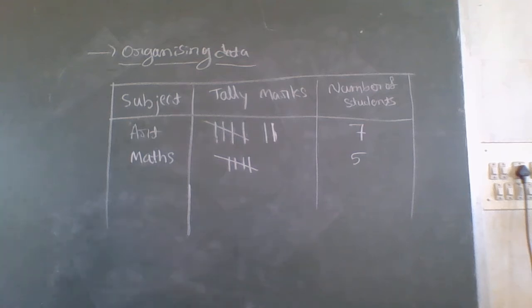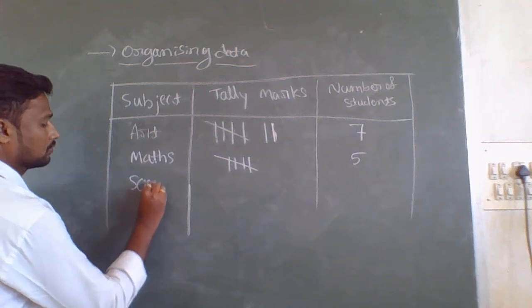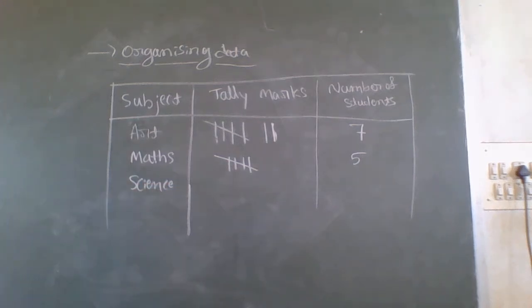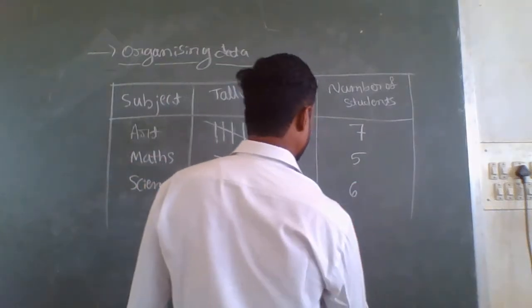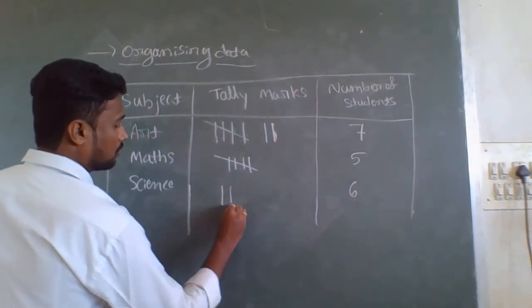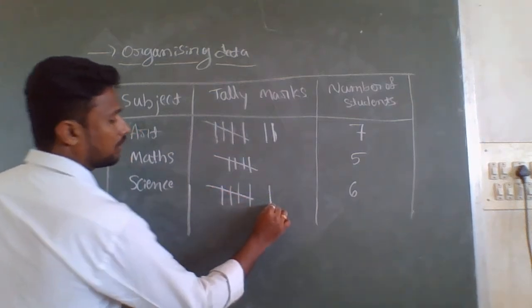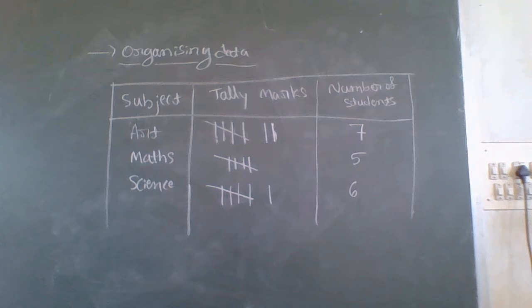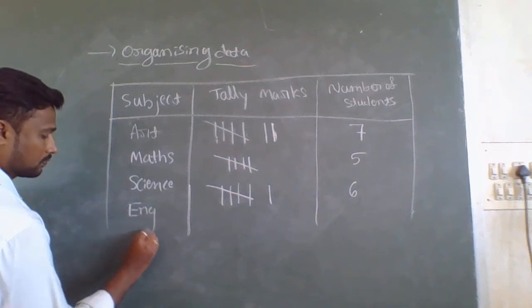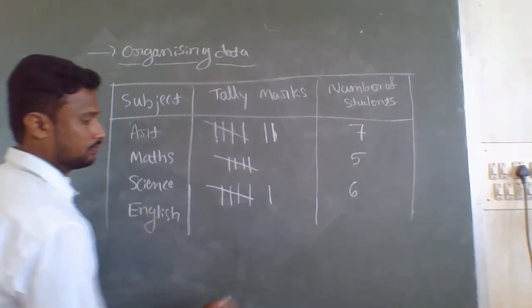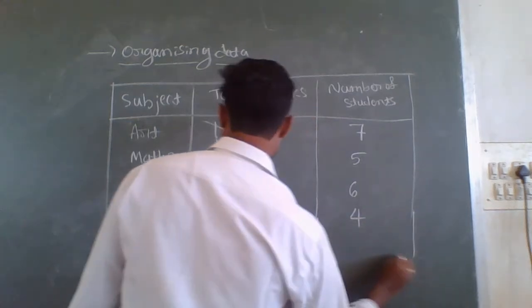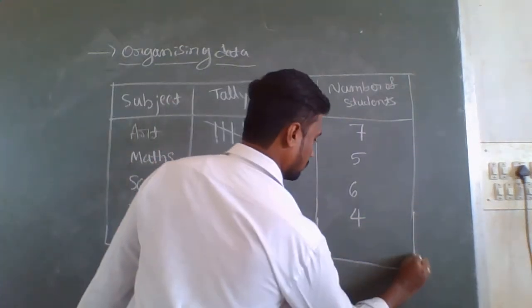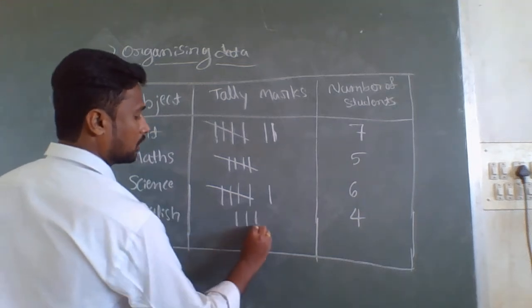Next subject is science, with 6 students: 1, 2, 3, 4, 5 and 6. Next is English, 4 students: 1, 2, 3, 4.